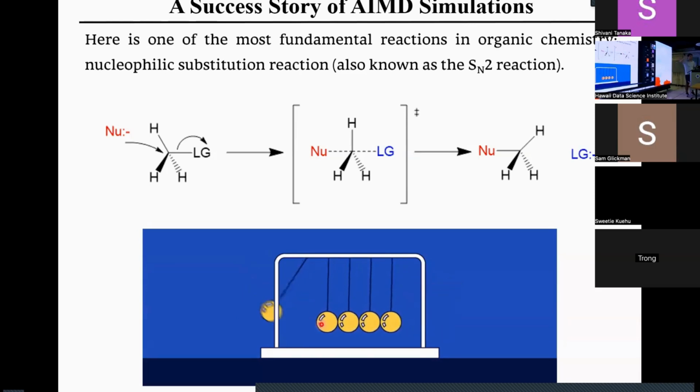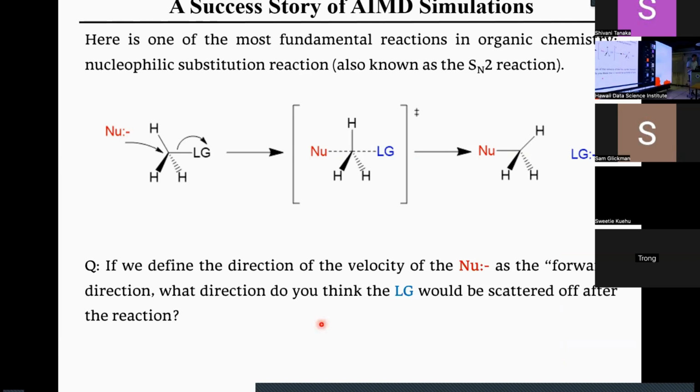So this common understanding leads to a question. If we define the direction of the velocity of the incoming red group as forward, so that everything traveling to the right is forward, the question is, if this reaction mechanism were true, what do you think the velocity of this leaving group is?